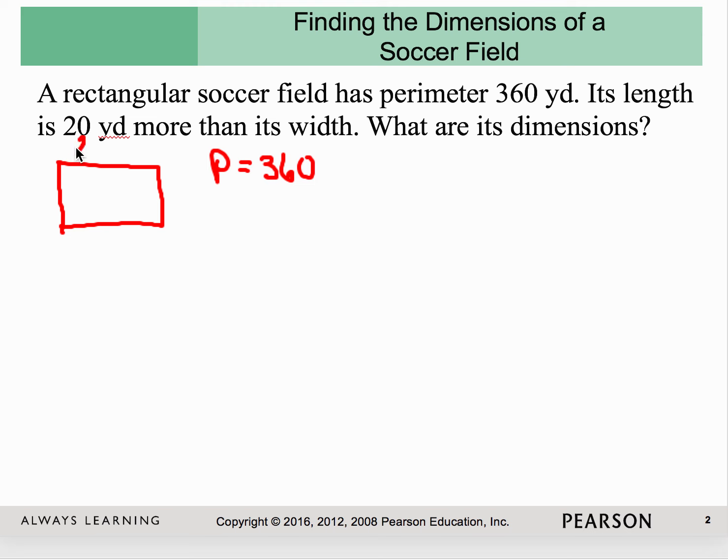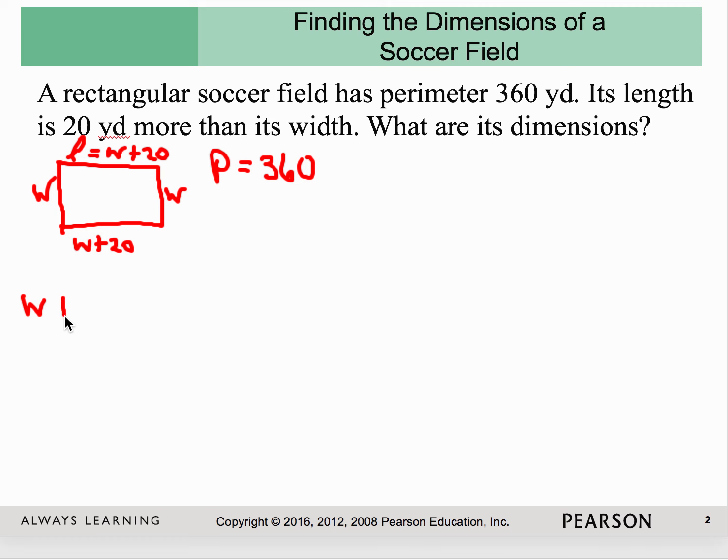The length is, it's just telling me the length is 20 yards more than its width. So it's the width plus 20. It doesn't tell me anything about the width, so I'll just use a W. But the length is the width plus 20. So if I add up all the way around here, it's got to equal 360.